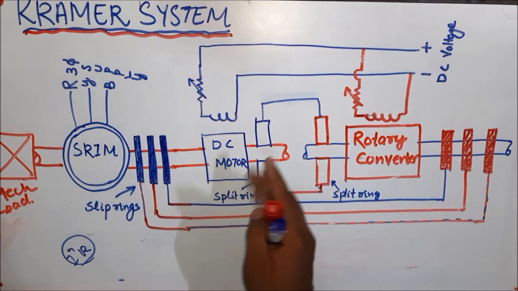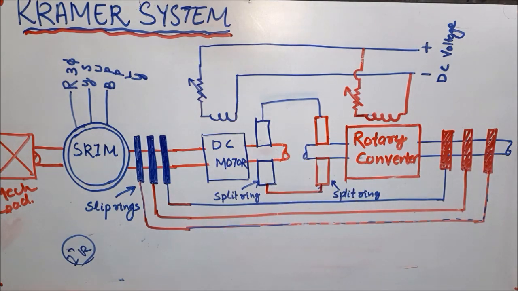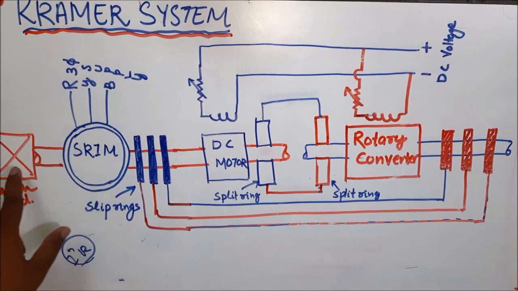This red shaft is one mechanical system, and this blue shaft is another mechanical system. In this red shaft, we have connected the slip ring induction motor and the load.